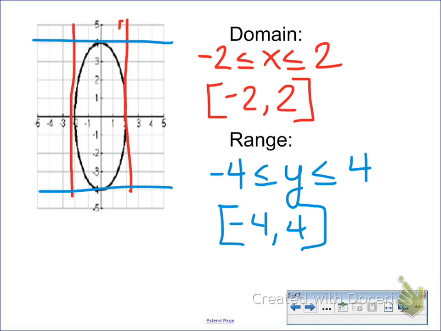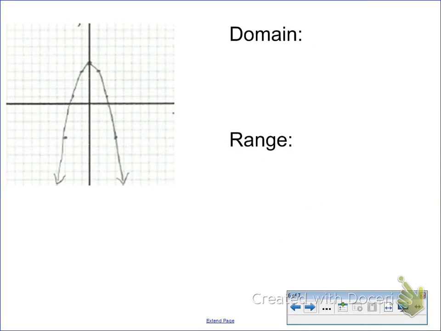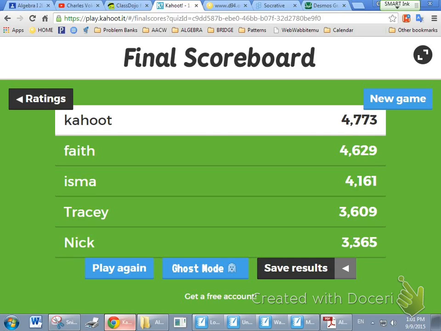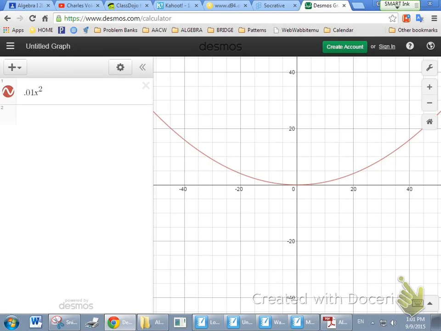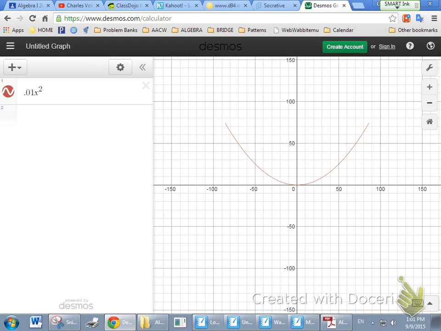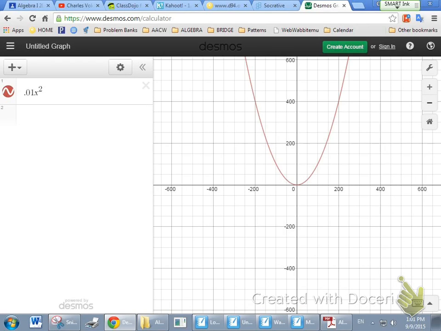Alright, a couple more examples. With this example, we want to look and see how far to the left we think this graph could extend. I'm going to use Desmos to help you visualize this a little bit. If I zoom out, I realize that this is a similar graph. And if I keep zooming out, I realize that the x values keep going and going forever.